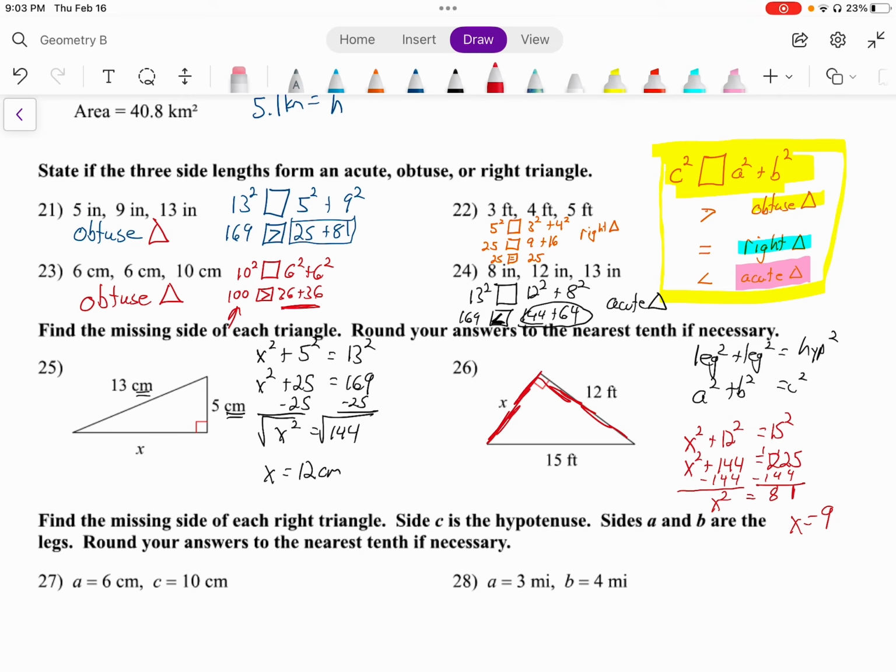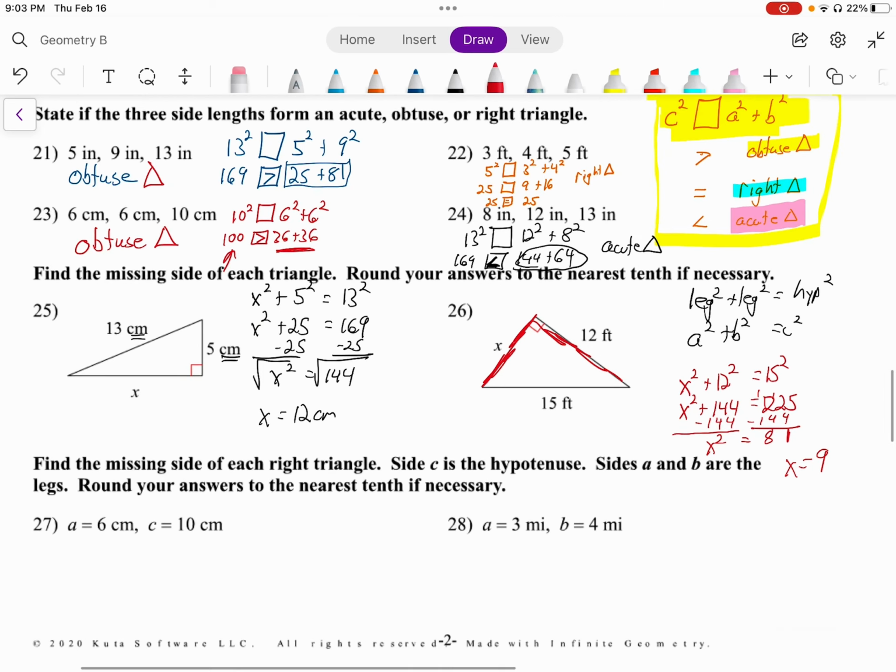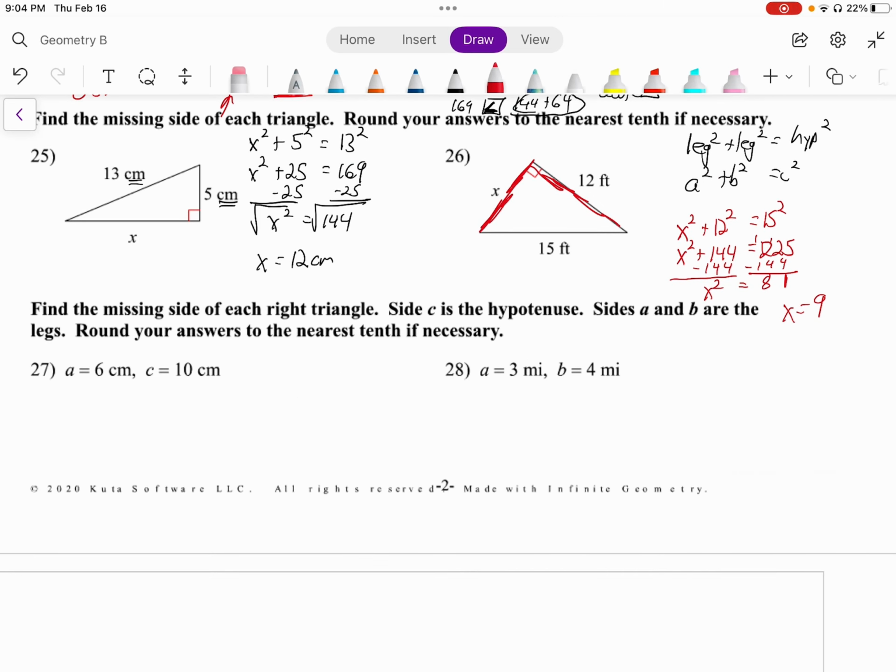27 and 28, let's read the directions. Find the missing side of each right triangle. Side C is the hypotenuse. Sides A and B are the legs. Round your answer to the nearest tenth if necessary. I think both of these we will not have to round. So be careful. That's a leg, and this is the hypotenuse.